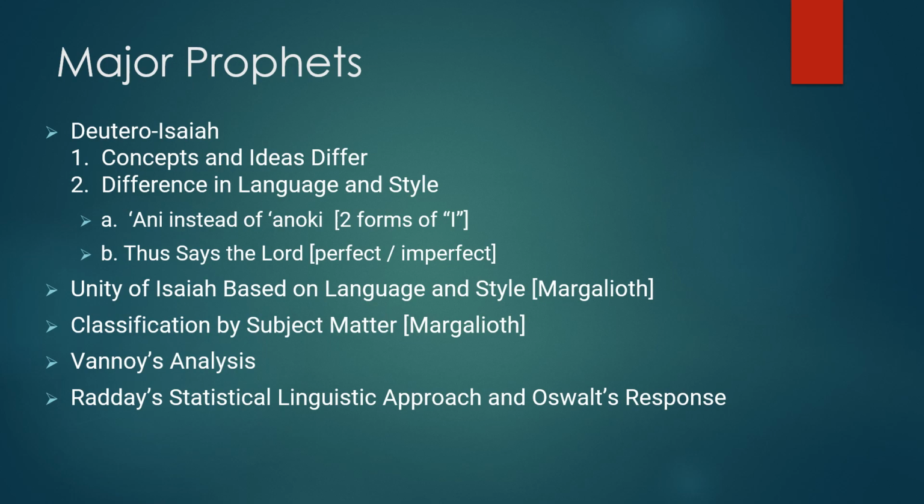As a control, he studied other pieces of literature, both biblical and extra-biblical, which were reputed to have come from one author. As a result of these researches, he concluded that the linguistic variations were so severe that one author could not have produced the whole book of Isaiah.